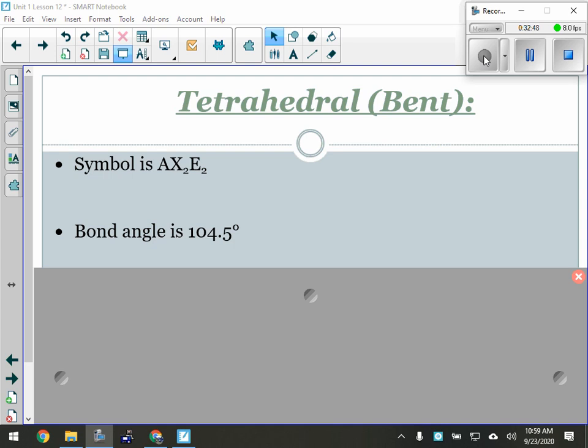Remember how there was trigonal planar bent? That's a pretty specific one, not very common. This one's very common. So if I say it's a bent molecule, we're probably talking about this one. I like the word tetrahedral bent, but sometimes it's just referred to as bent, because it has four things around the central atom.